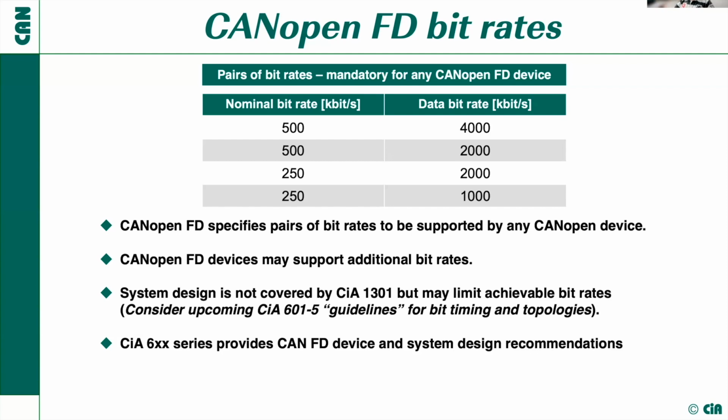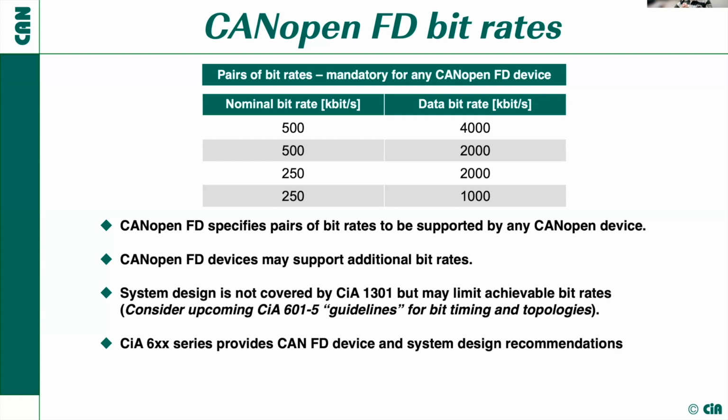And therefore, we defined not just bit rates, but we defined entire bit timing tables, which result at the end of the day in bit rates, where I said, okay, if you like to make use of the CAN-FD frames and an accelerated data throughput in the environment of a CANopen FD communication, then we have to support in a CANopen FD device at least these 4 pairs of bit rates.